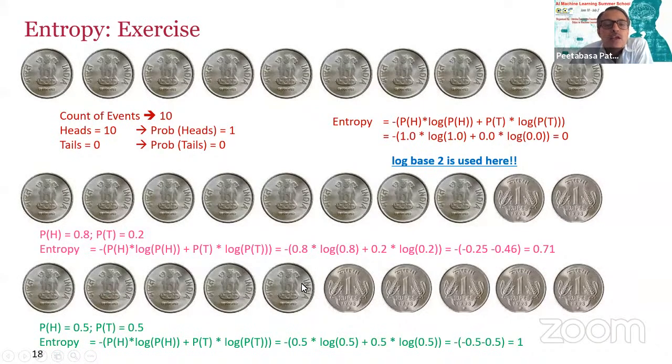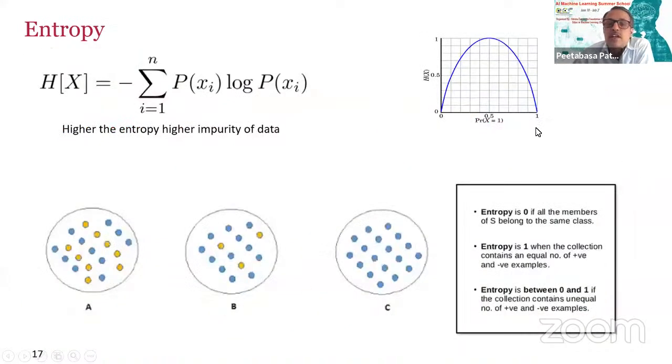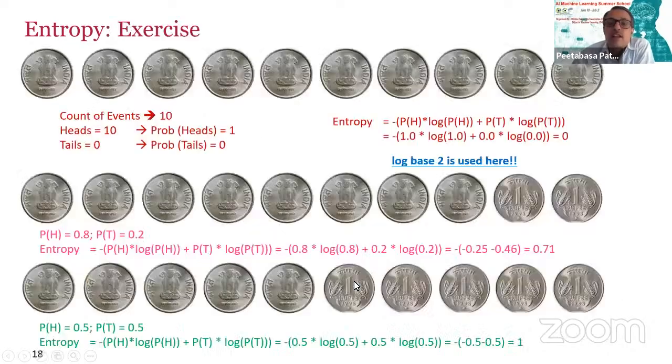Just like in the previous graph, it started with 0, went to somewhere like 0.71, and then becomes 1 at the most random scenario. After that it will start falling, because the probabilities of head and tail will start reversing, and it will go down until everything becomes tail, when it will again become 0.